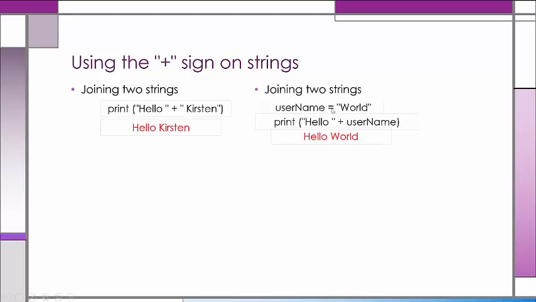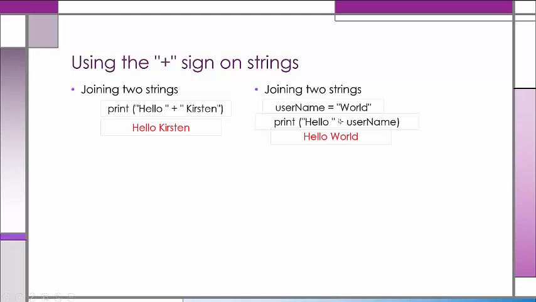We can also join two strings, one that might be a string and one that has a variable. So in other words, here we set aside a variable name, username, and in it we've put this string, world. And so back in memory, there's a very large space that's been set aside for a string. And in that bucket, in that memory spot, we've put this word world.